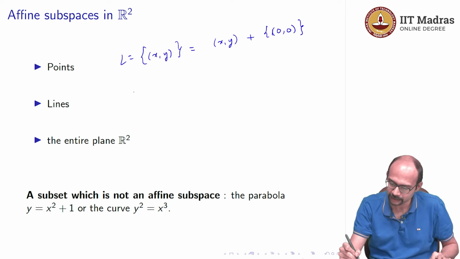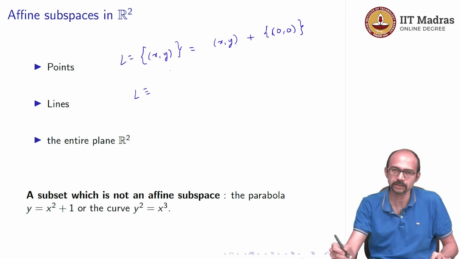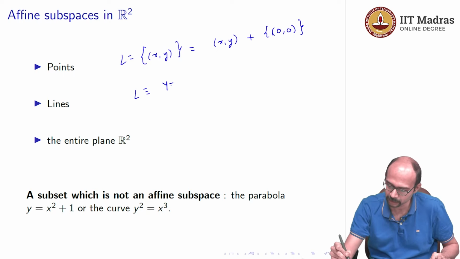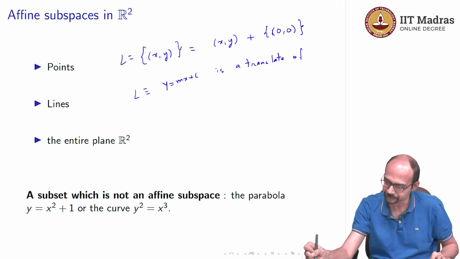And if you have a line, then in this case, how do I write lines? There are many ways of representing lines. One is maybe you have y is mx plus c, and this line is a translate of y is equal to mx.